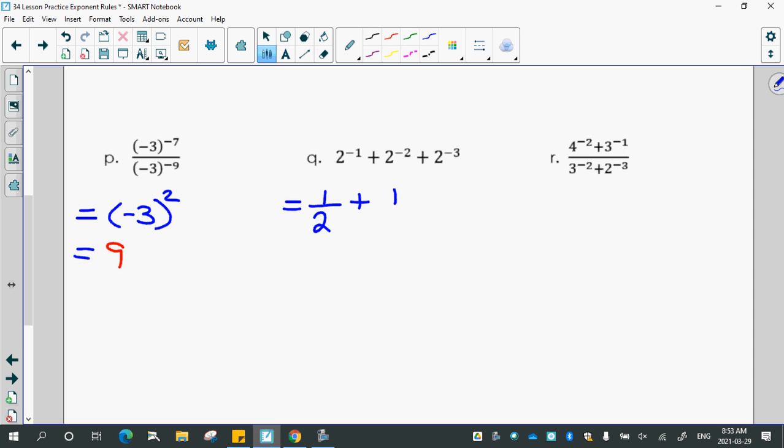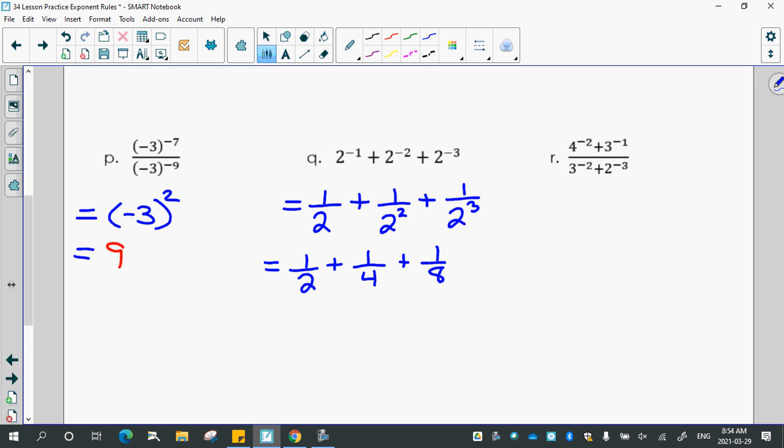Plus 2 to the -2 is 1 over 2 squared. Plus 2 to the -3 is 1 over 2 to the power of 3. Okay? So that's going to be 1/2 plus 1/4 plus 1/8.